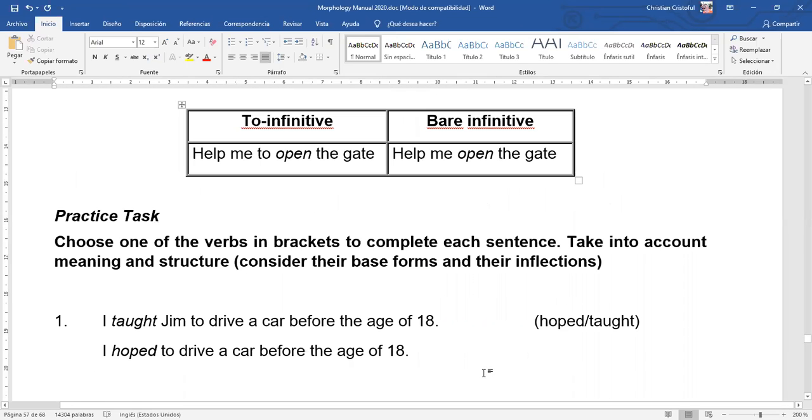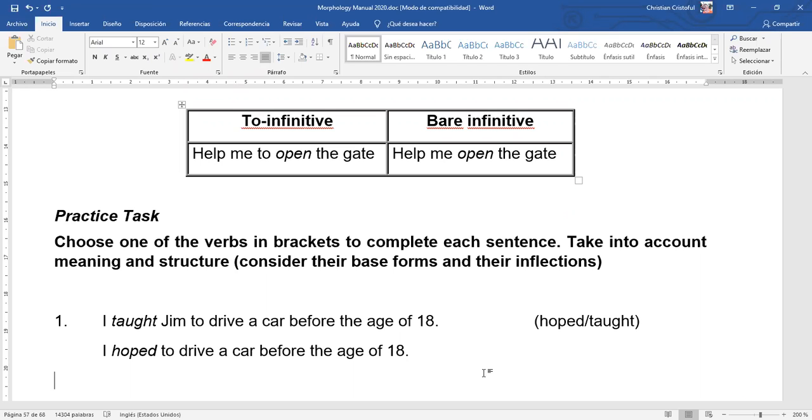So look at this. There are certain verbs that require the to infinitive form, and there are other verbs that require the bare infinitive form. You need to choose between the to infinitive or the bare infinitive according to the context. That's why you're given context.